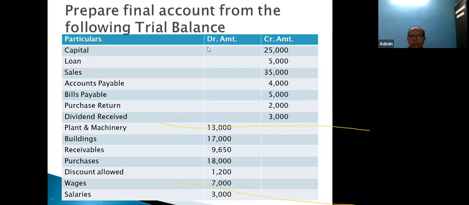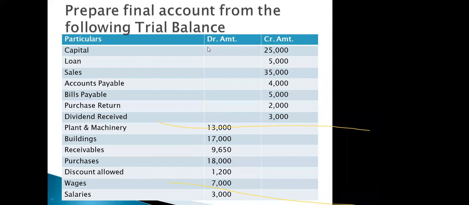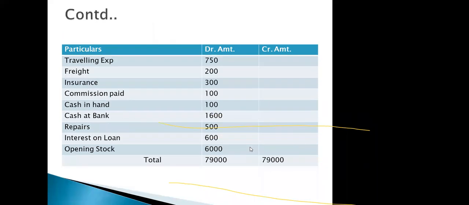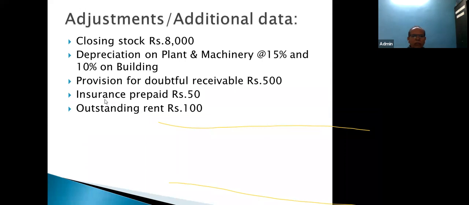Yes. Am I correct? Then the fourth adjustment, that is insurance prepaid, rupees 50.